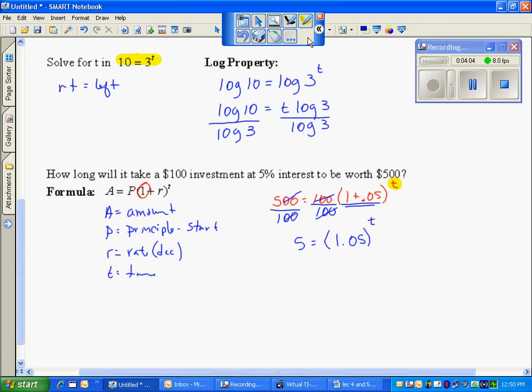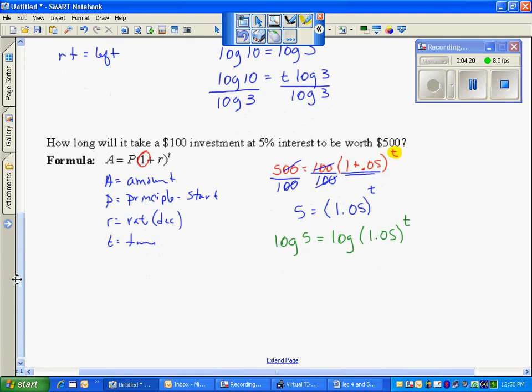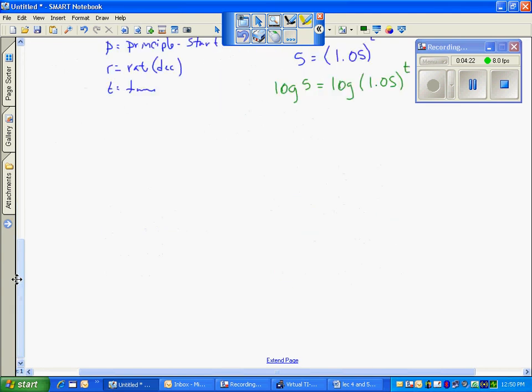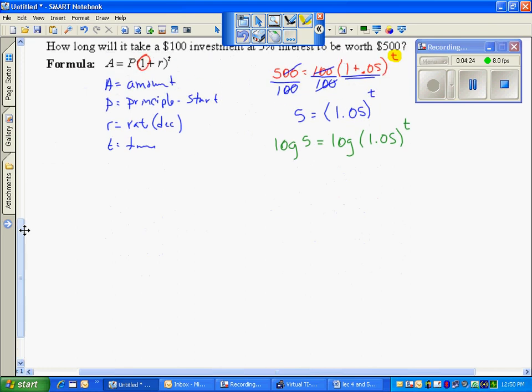Again, I can guess and check on a calculator, but it's very time consuming. So I'm going to take the log, keeping my left hand side equal to my right hand side. Using property 3, the power property says that when I have two exponents being multiplied, I'm going to rewrite it as t log of 1 5/100ths.